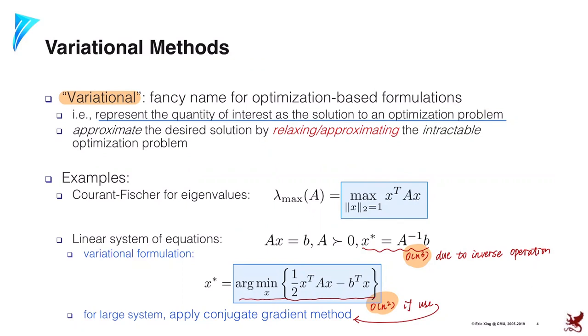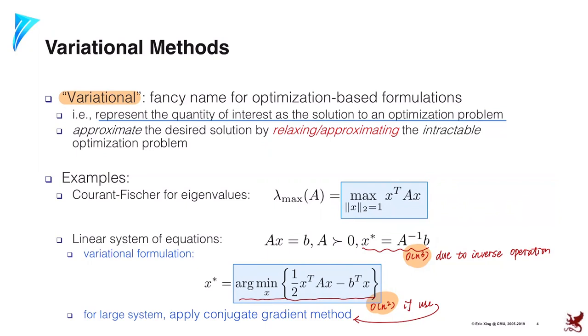Another example can be, now assume that we have a linear system of equations and we can have its closed form solution x star. But if we consider a variational method, then we know that this x star can also be expressed in this variational formulation, which is a solution of an optimization problem.